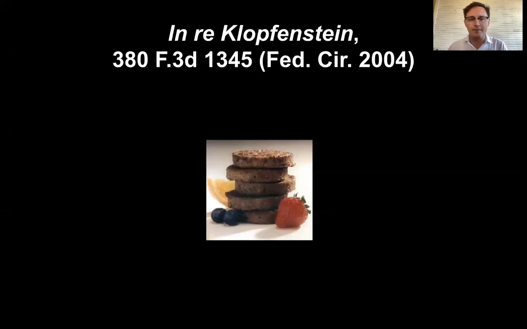So in the Klopfenstein case, what we have is two inventors. They've applied for a patent on a method of fabricating extruded soy cotyledon for food products. Sounds delicious, right? And the question is whether or not their claims are barred by prior art. Now, what's the problem here?